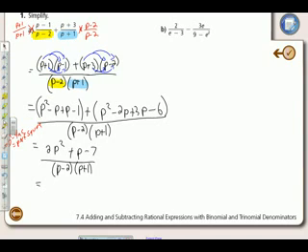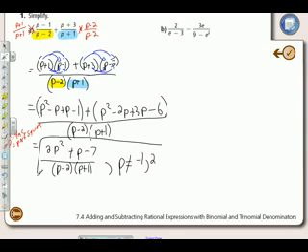So we can't go any further with it. So we just put a comma and our NPVs, all the way through any denominator that we have to use. So p cannot equal negative 1 and positive 2. There's our final answer.